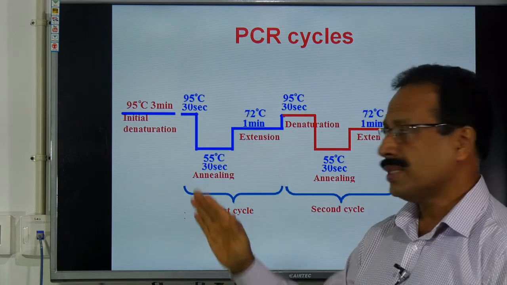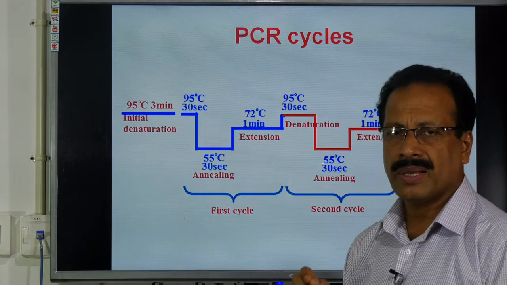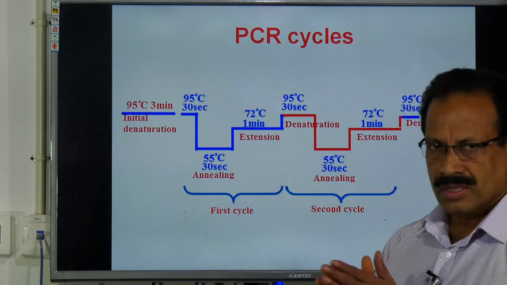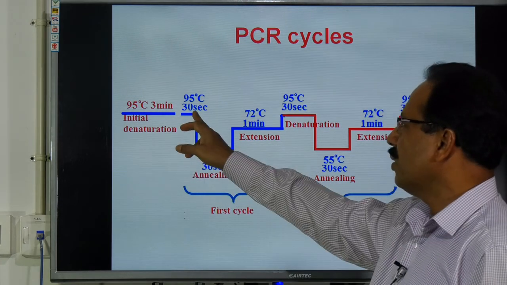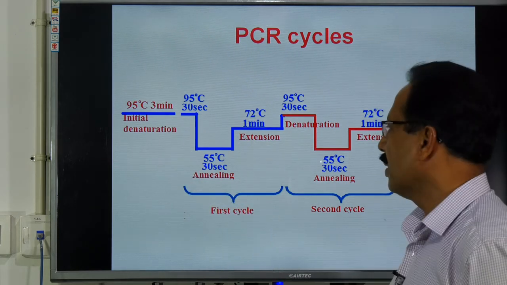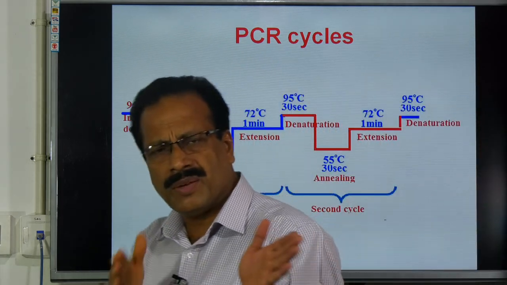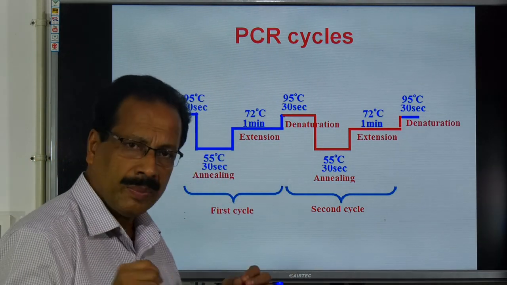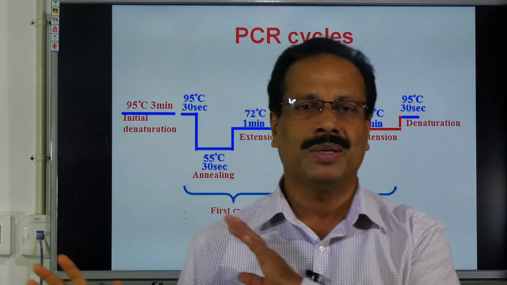Then the cycle starts. A typical cycle is around 30 seconds at 95 degrees Celsius. The strands are separated. Then you decrease the temperature to the annealing temperature of your primer. It can vary between 55 to 65 degrees depending upon the GC content of your primer.